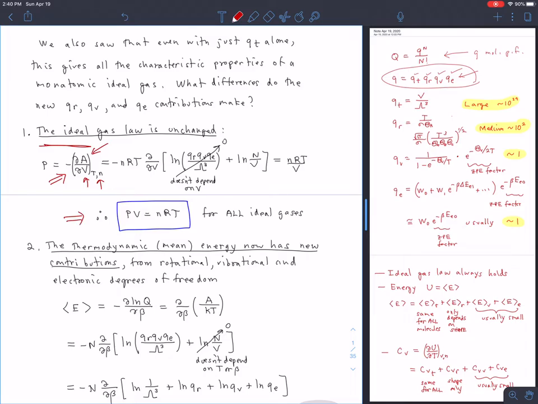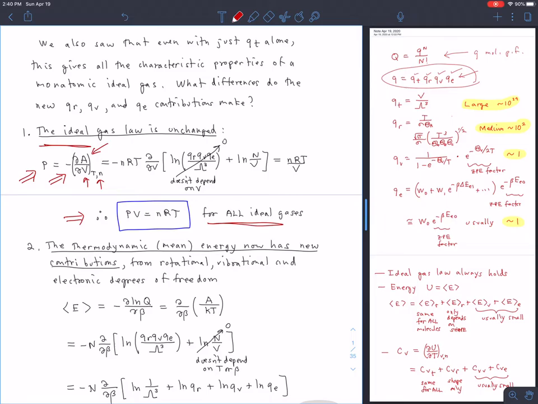These are ideal gases. They better obey the ideal gas law, and if the statistics are right, we'd better get the ideal gas law out of our statistics, and in fact we do. There it is, PV equals nRT. That's true for all gases. I've mentioned in the past that the ideal gas law is universal for all ideal gases. It doesn't depend in any way on the properties or structure or even chemical identity of the gases involved. And that's what we're seeing here.